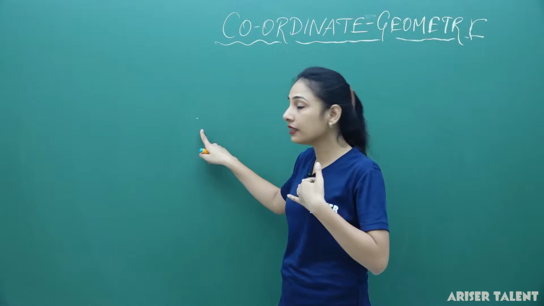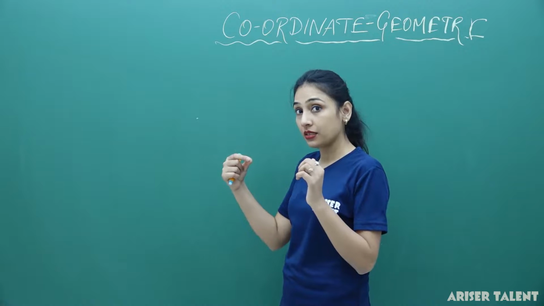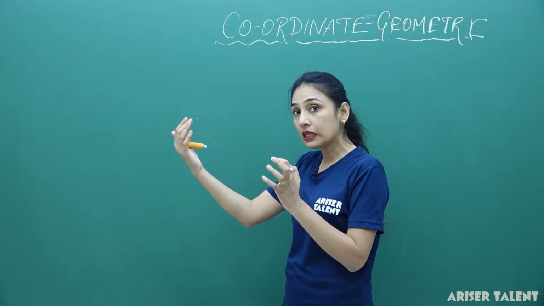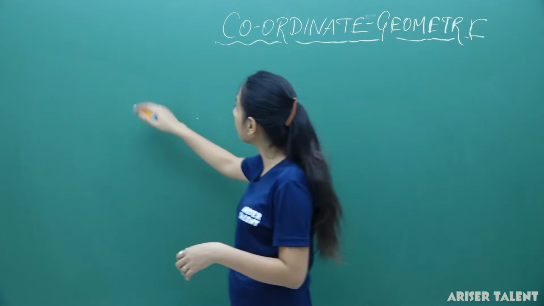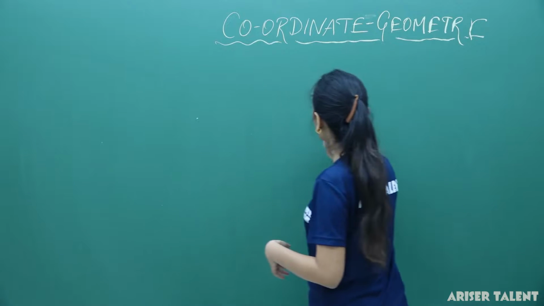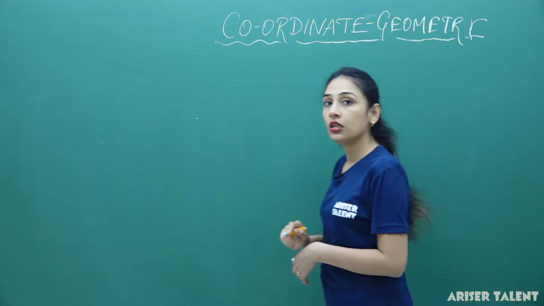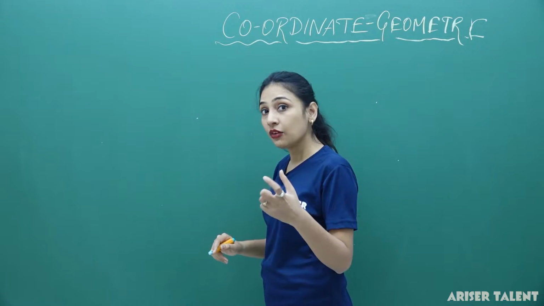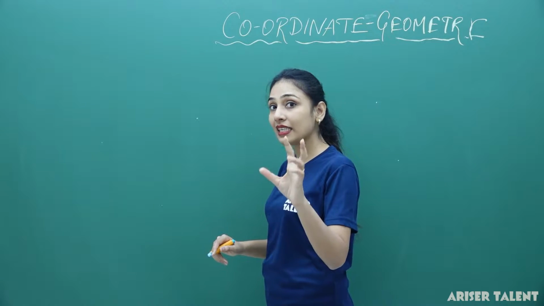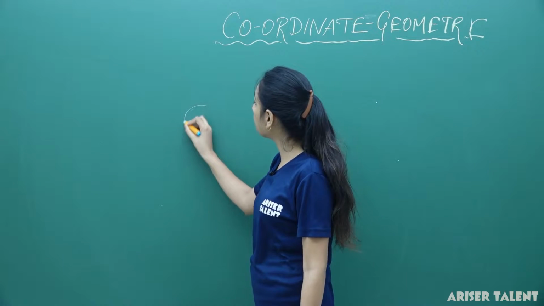I can understand this dot is here, but if any random person walks in and we are having so many dots here on the board, that person will not exactly tell where this particular dot is.